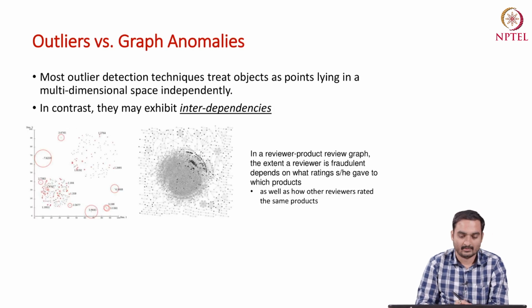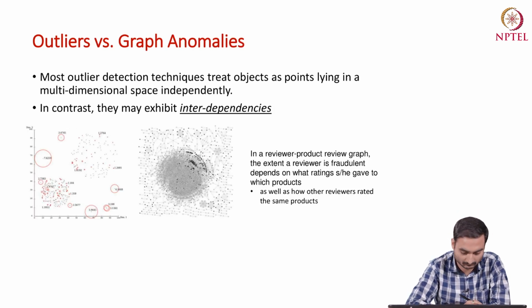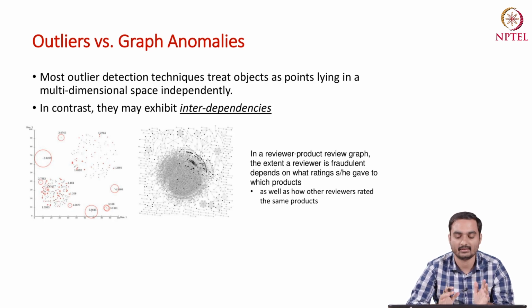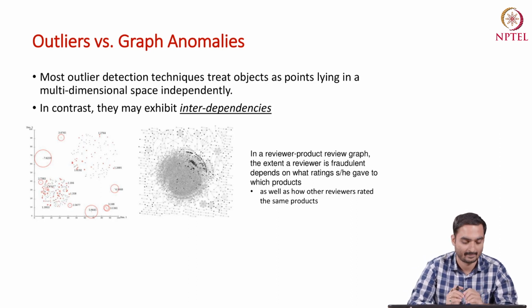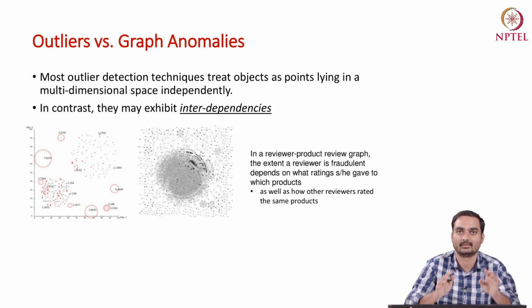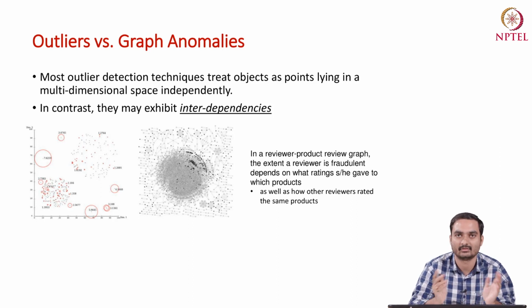All right. Now let us look at the difference between outlier detection and graph anomalies. Outlier detection is generally studied in data mining, and you must have heard about techniques where, given an embedded space or any Euclidean space, data points are mapped and you try to identify those data points which are further apart from the other data points.